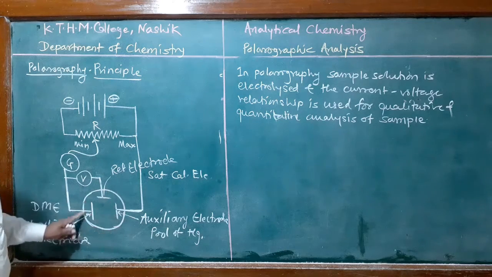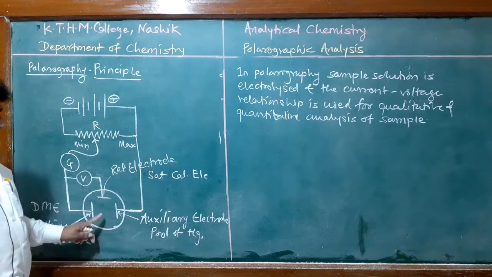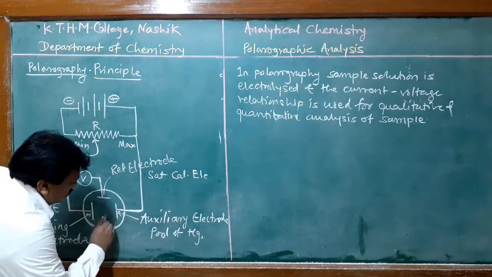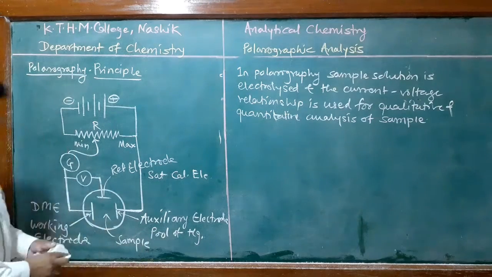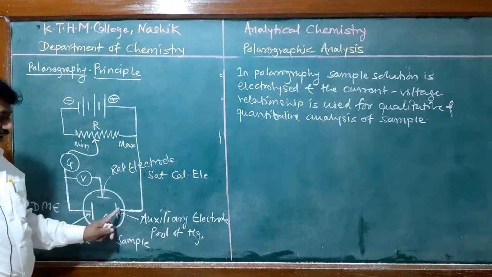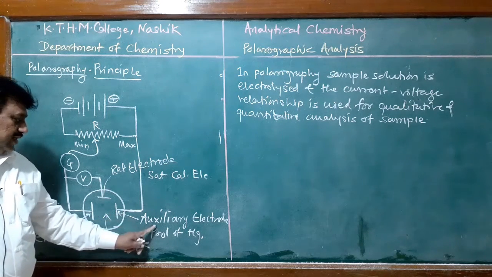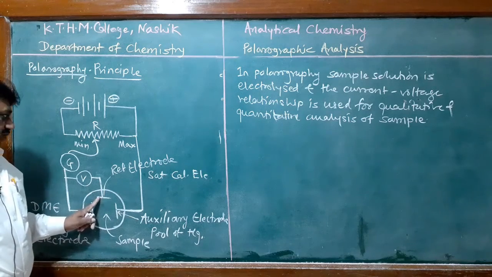Polarographic analysis requires an electrolysis cell. The sample solution is taken into this polarographic cell containing a dropping mercury electrode as working electrode, a pool of mercury as auxiliary electrode, and a saturated calomel electrode as a reference electrode.